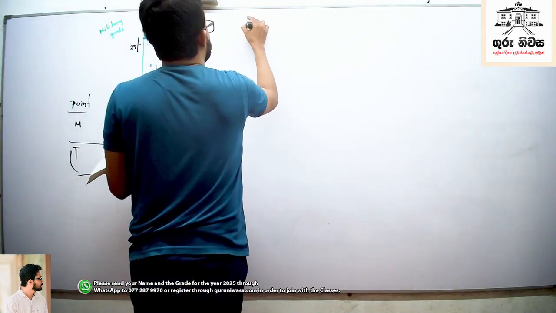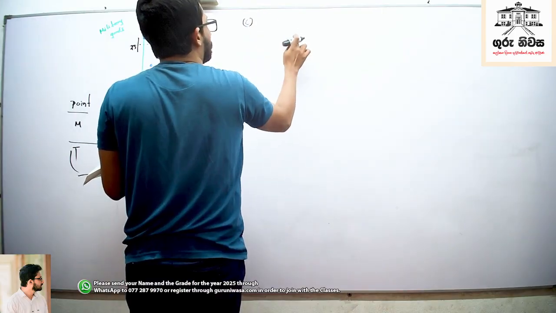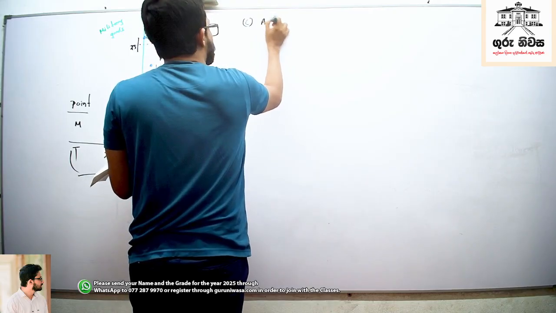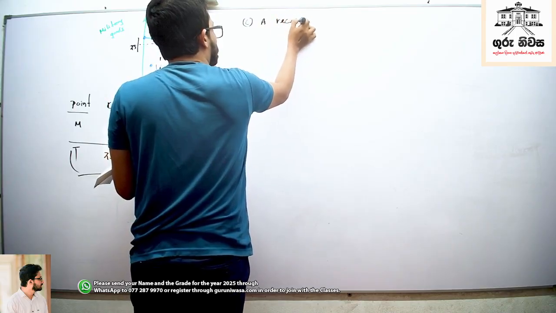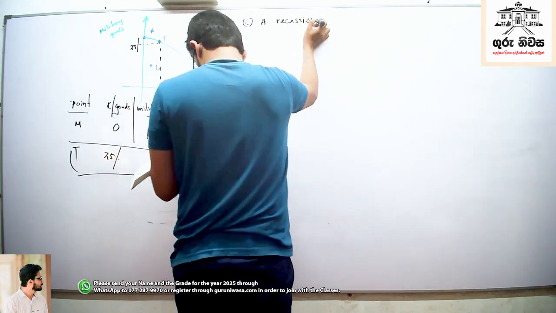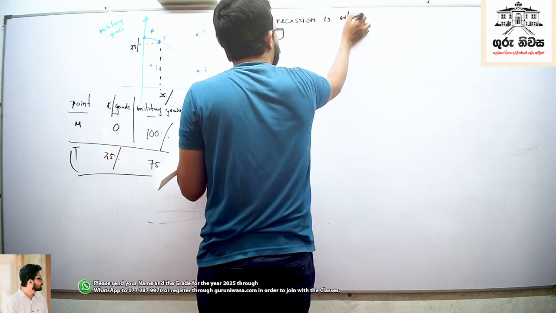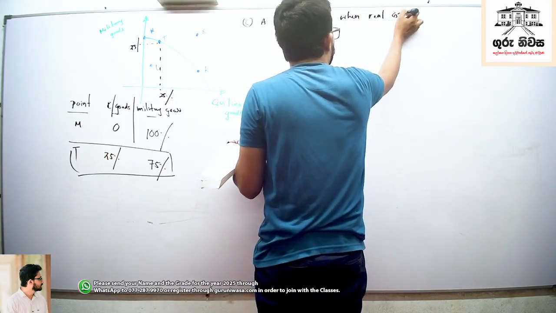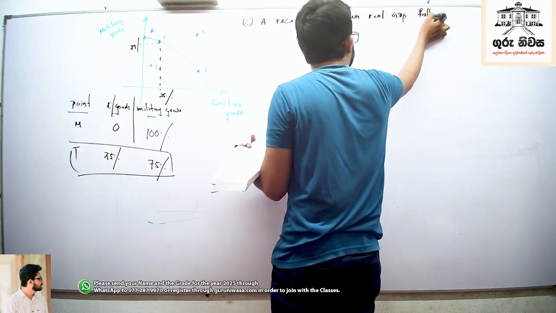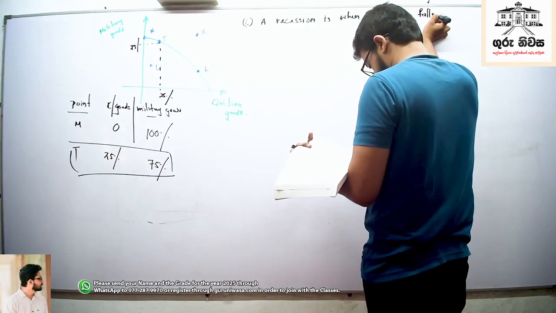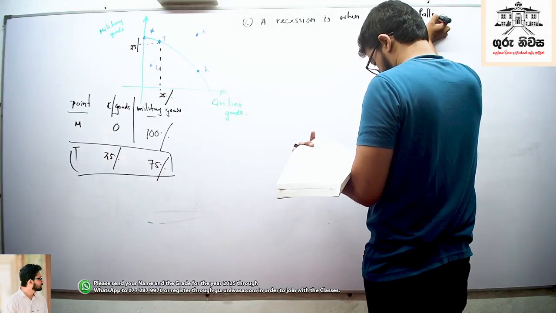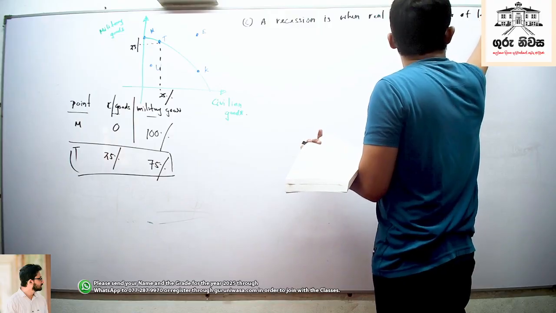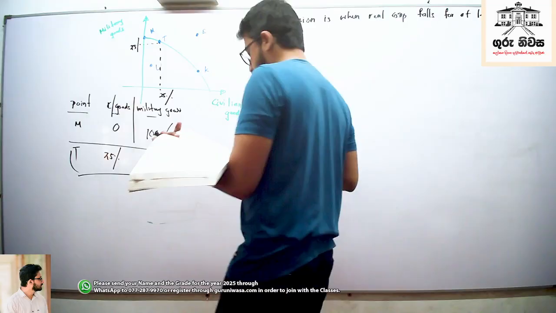See the answer for a recession. Recession is when real GDP falls for at least 6 months.